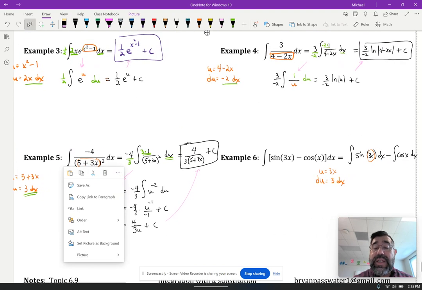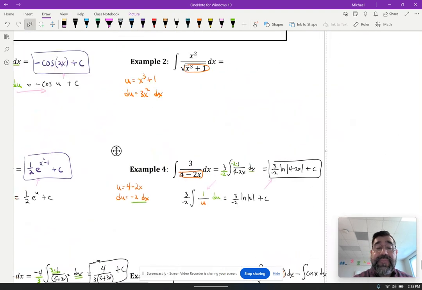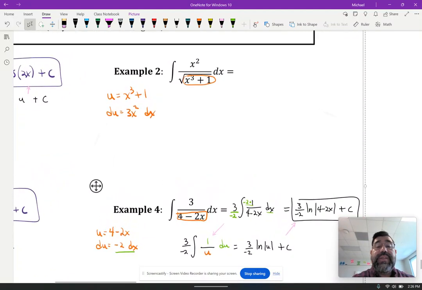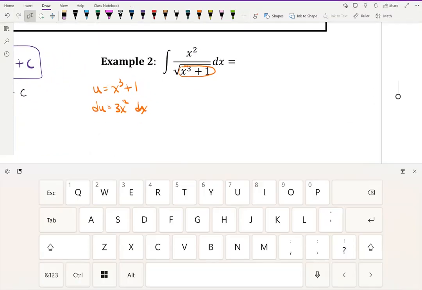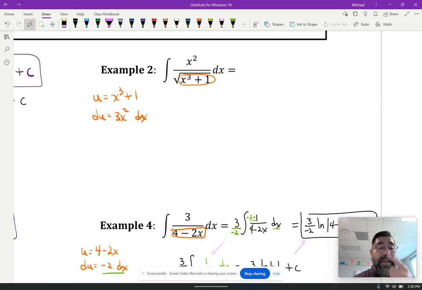We're going to do one more, and then we'll pause here. And we'll wait till the next video to see what happens when we do have definite integrals. Okay, so here, do we have enough of everything? This is going to be my u expression, and then I need 3x squared dx. I don't have that, so I'm going to multiply by 3. But if I do that, I got to multiply this by 1/3, so I can keep it balanced.